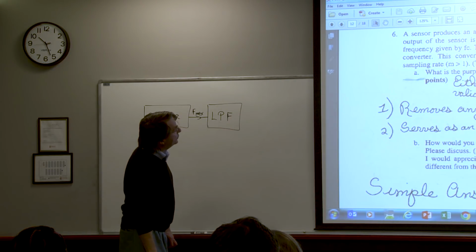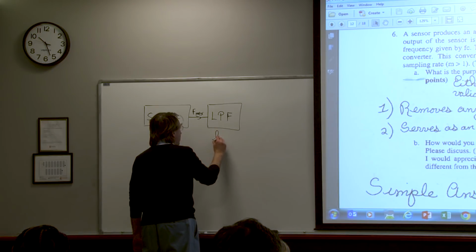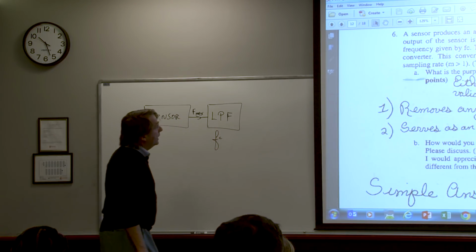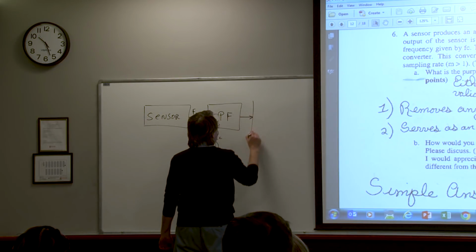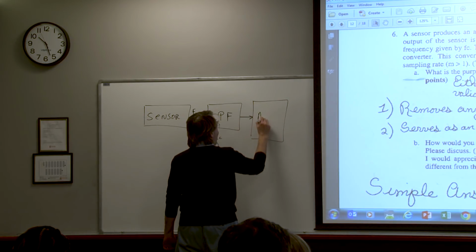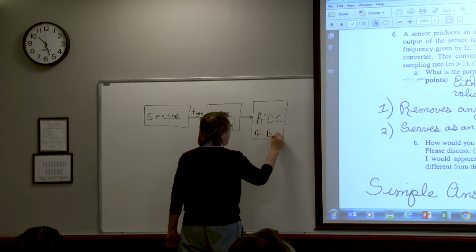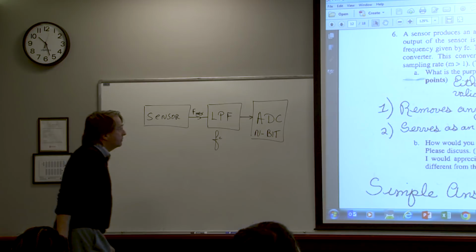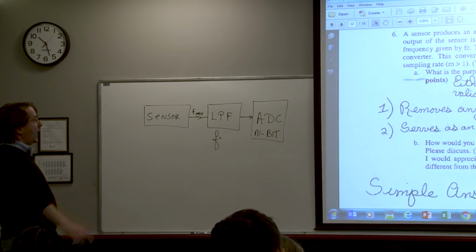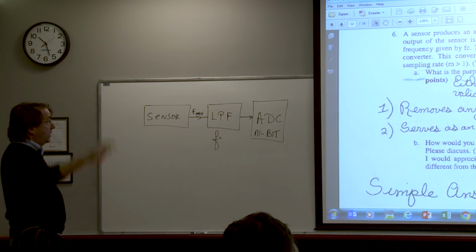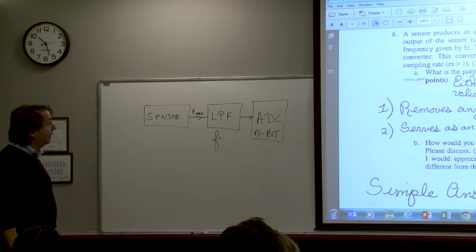And the low-pass filter has a cutoff frequency of F sub C. The output of the low-pass filter is connected to an A to D converter, N bits. That means each sample is converted to N bits. The converter samples at a rate of n times the minimum required. Oh, that sounds tricky. We got to come back to that, Bree.